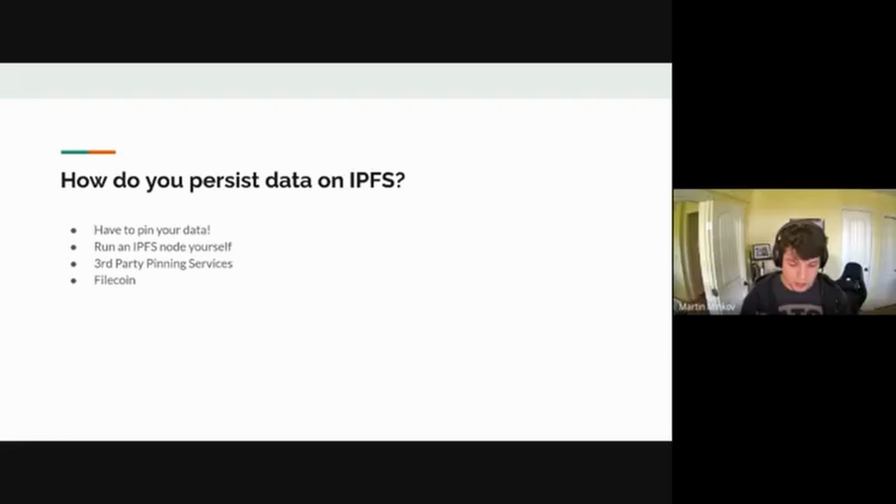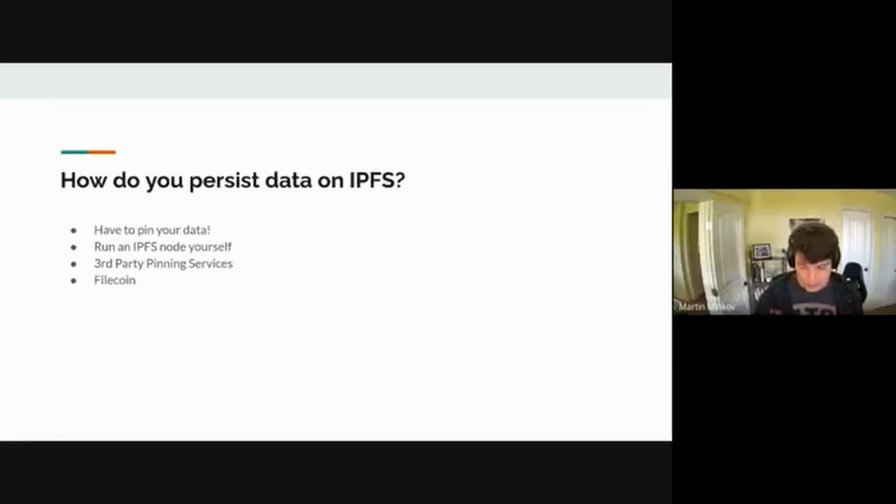When you interact with an object, IPFS has a fairly aggressive caching mechanism, and it'll keep the object around on your node for a certain amount of time, but then it'll eventually garbage collect it and drop it. So if you don't pin your data, after some amount of time it'll get garbage collected and essentially just stop being served. So to continue to serve our data, we have to pin it.